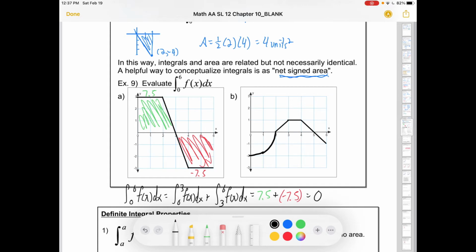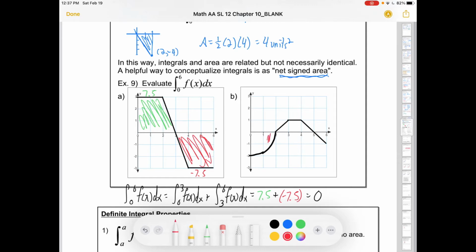Or if you just looked at the green and the red, you'd say, oh, well, there's an equal amount of area above and below the x-axis, therefore the integral is going to be 0. The total area, if we asked for area, would be 15 units squared. Let's try this other one.